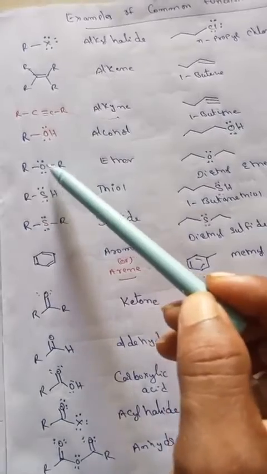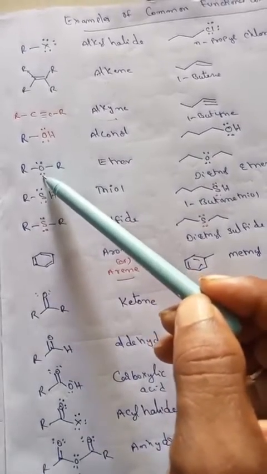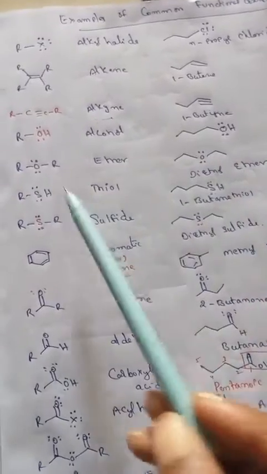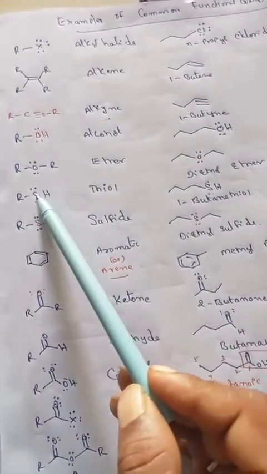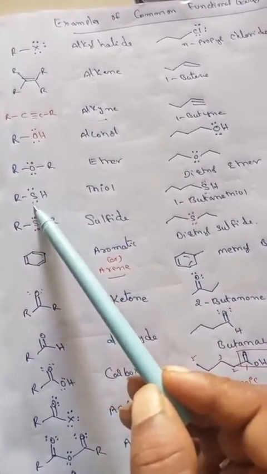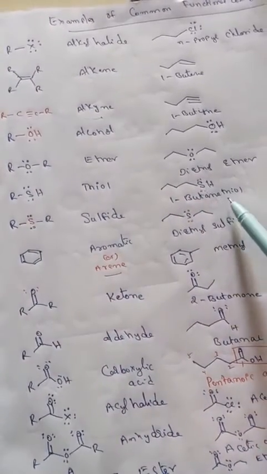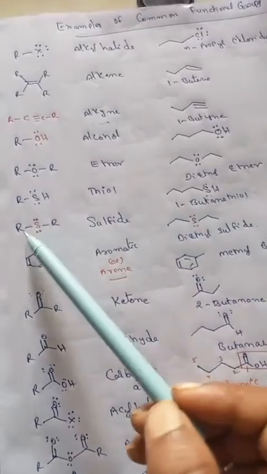And ROR, with oxygen having two lone pairs of electrons, is called an ether. Example: diethyl ether. And RSH, with sulfur also having two lone pairs of electrons, is called a thiol functional group. For example, 1-butanethiol.